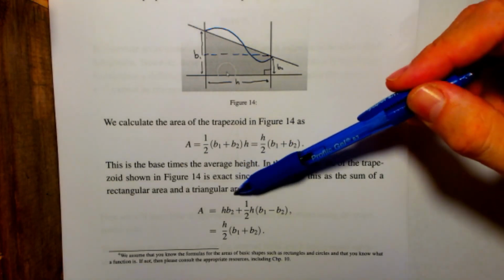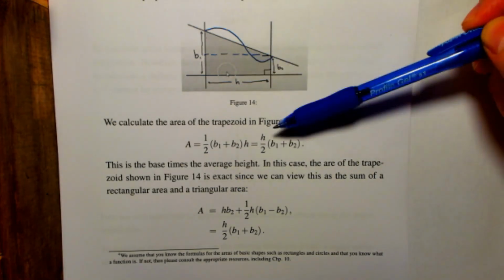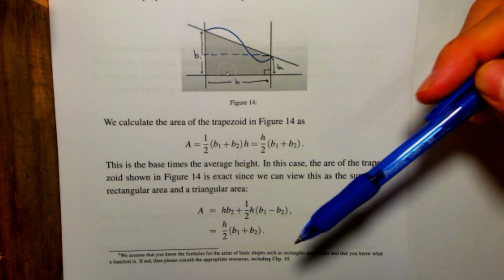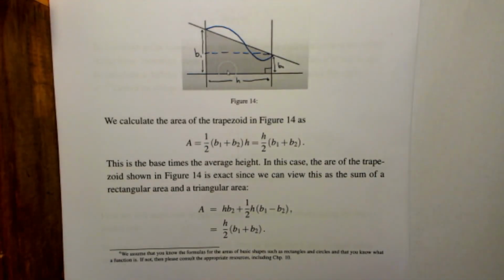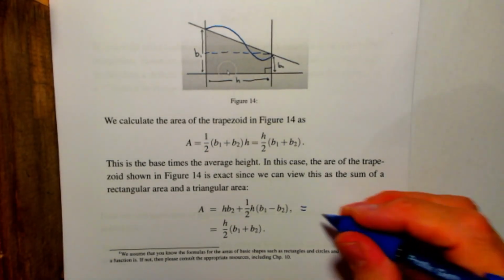So you see this formula is accurate for the area of this trapezoid, but if you factorize the h out and simplify, let's just go ahead and do that here.